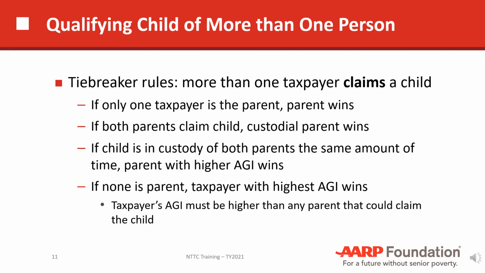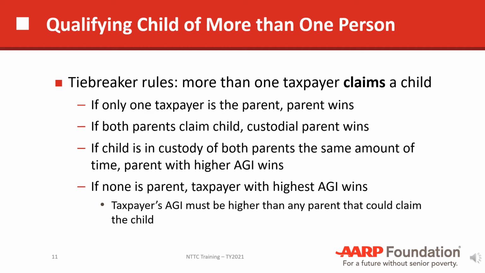Here's more on the tiebreaker rule when more than one parent has the ability to claim a child. If only one taxpayer is the parent, then the parent wins the tiebreaker rule. If both parents claim the child, the custodial parent, the parent with whom the child lives, wins the tiebreaker rule. If a child is in custody of both parents for the same amount of time, say, let's say 6 months in one home, 6 months in the other home, the parent with the higher AGI wins.